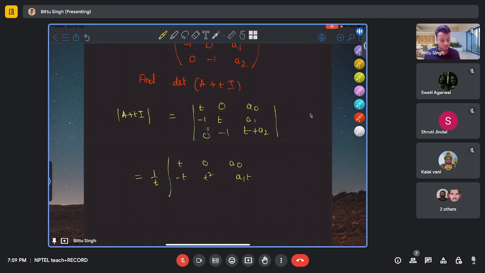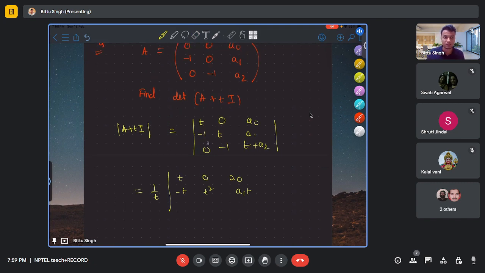Though this is not allowed because we don't know if t is 0 or non-zero, we can do this, because you can just multiply t here. So let us consider t is non-zero, and we can take t outside.